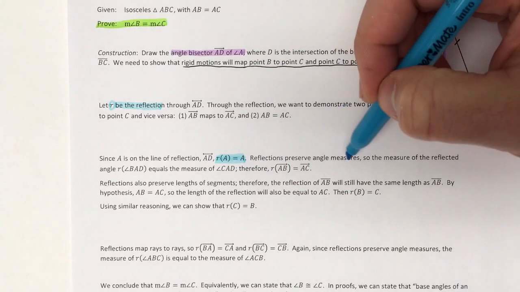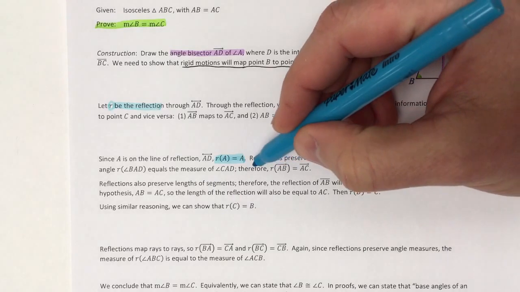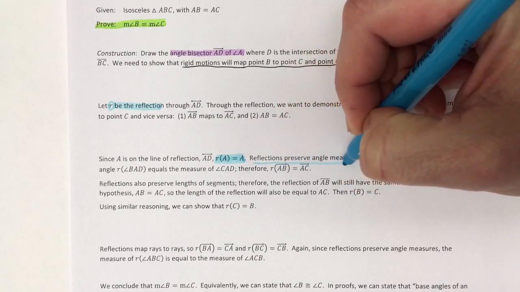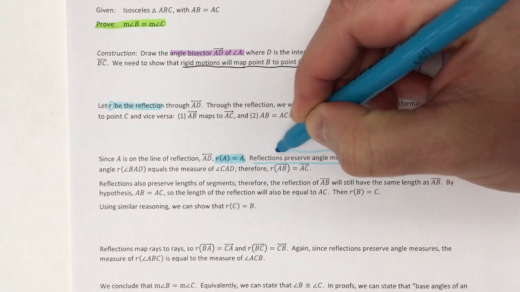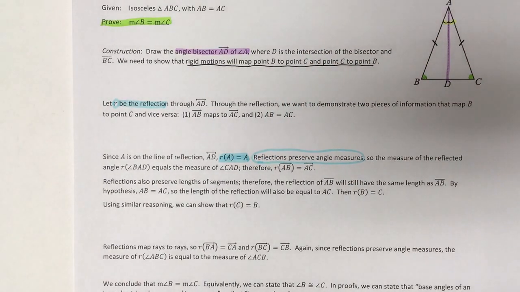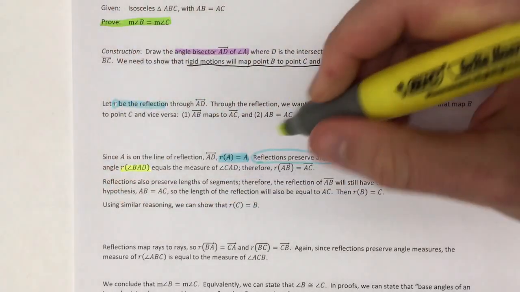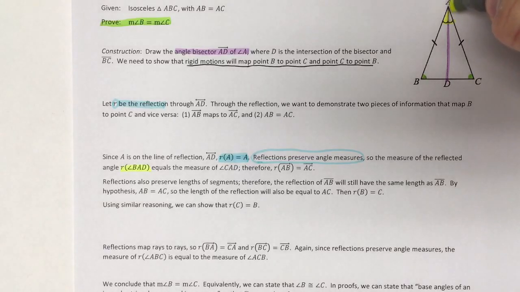Reflections preserve angle measures. Really key, important piece of information. So the measure of the reflected angle BAD equals the measure of CAD.